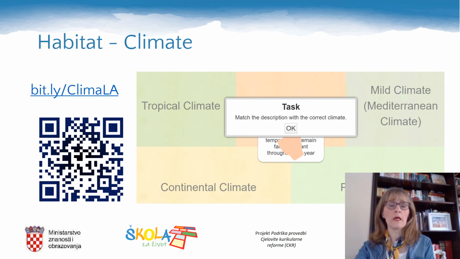Let's revise climate vocabulary now. In this matching exercise, you have 4 different types of climates: tropical, continental, mild, and polar. You have to match different characteristics and pictures with the climate they describe.